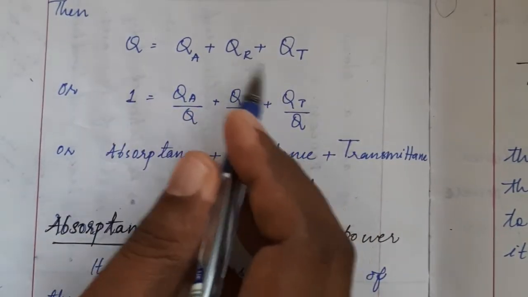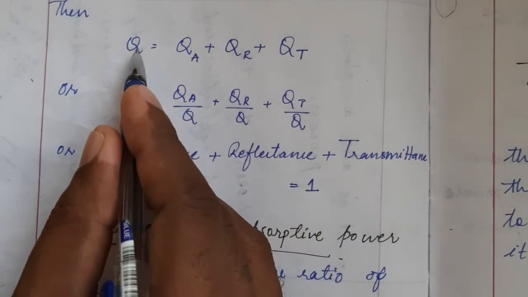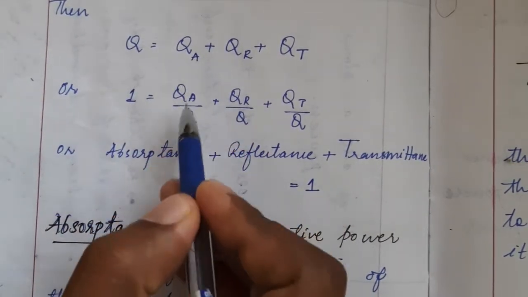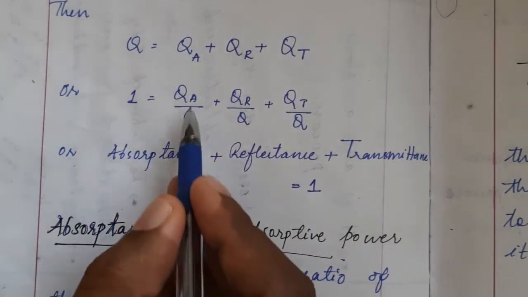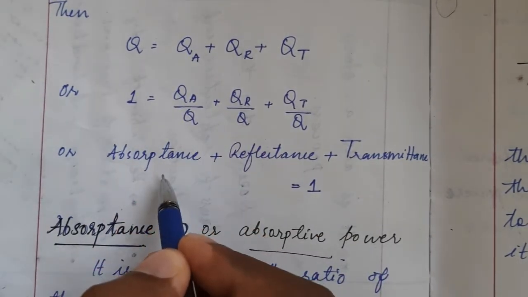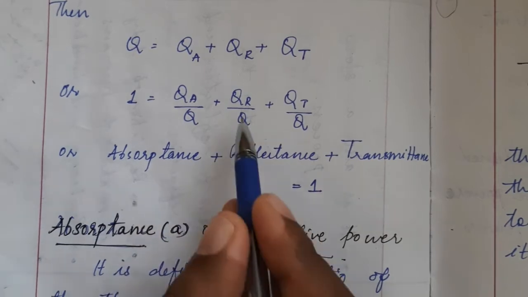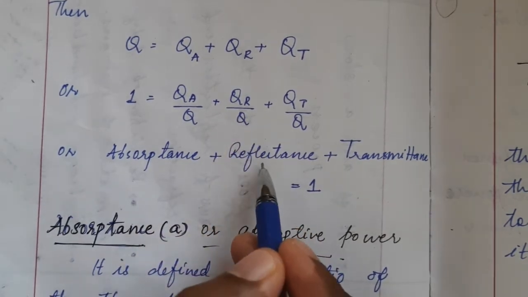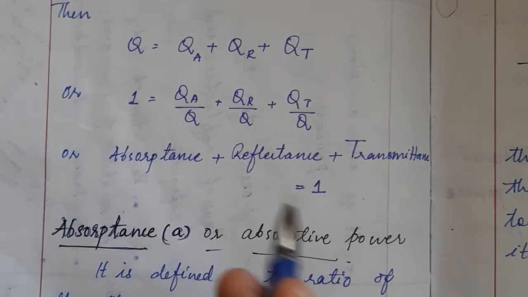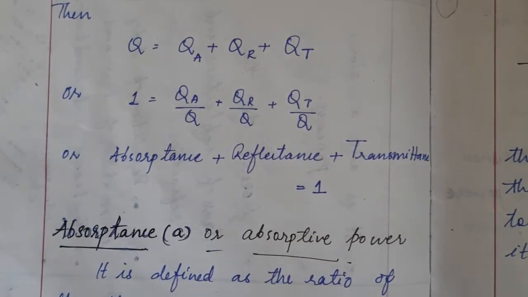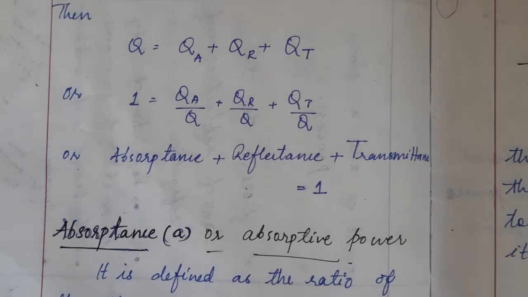If we divide this equation completely by Q, we get Q by Q, that is 1, is equal to QA by Q plus QR by Q plus QT by Q. This term QA by Q is the value of absorptance, QR by Q is the reflectance, and QT by Q is the transmittance. So this is the relation between the heat energy reflected, absorbed, and transmitted.